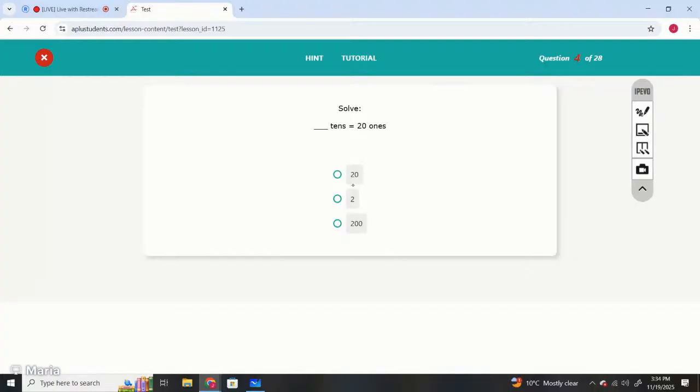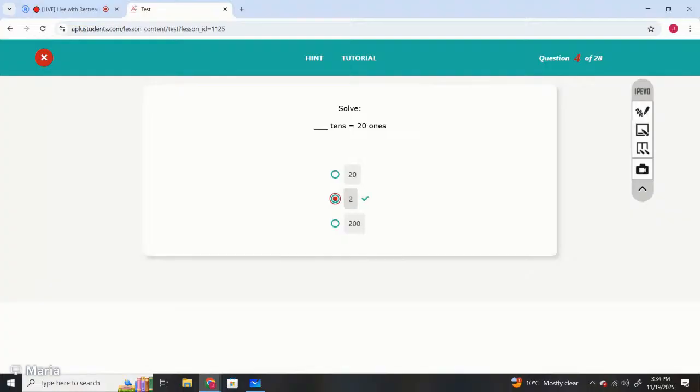20 ones equal how many tens? 20 ones means we have 2 tens.